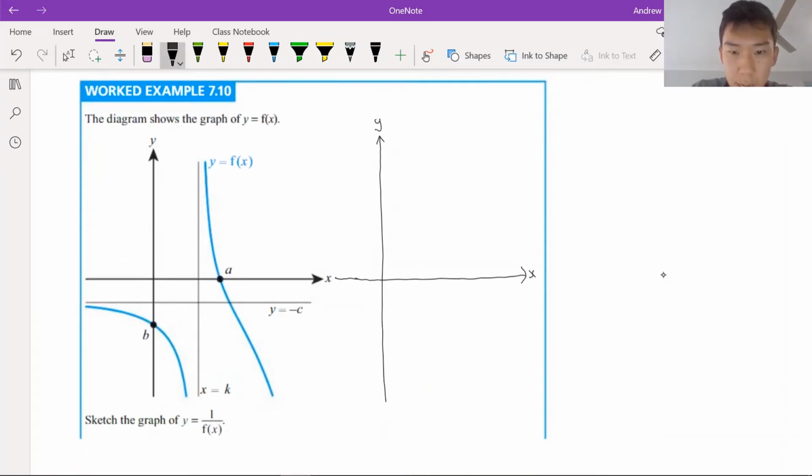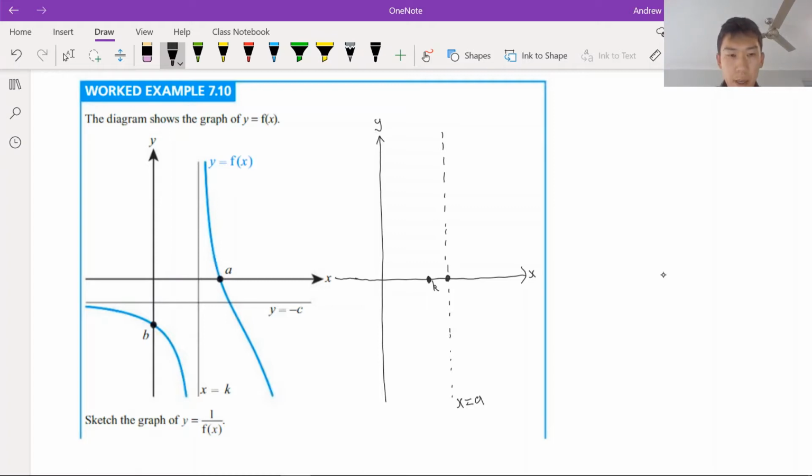So at point a, we're going to have an asymptote in our reciprocal. So that's x equals a. And where we had our asymptote at x equals k, that's now going to be an x-intercept.